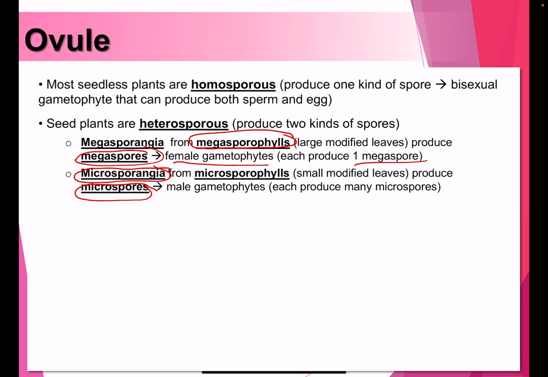And each of those can actually produce many microspores, which is again analogous with humans, because I keep going back to humans because we are humans, and I teach anatomy and physiology mainly. With humans, you have one egg that is ovulated each month, whereas sperm is produced in massive amounts each time. So this is kind of similar and analogous to that.